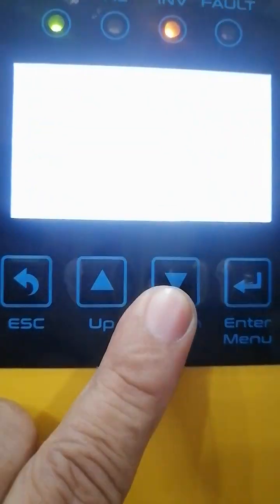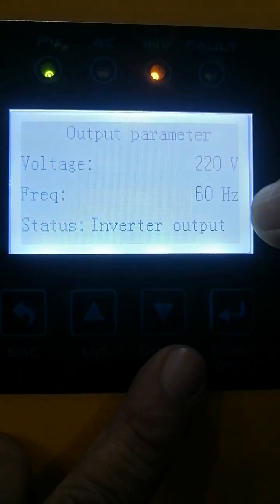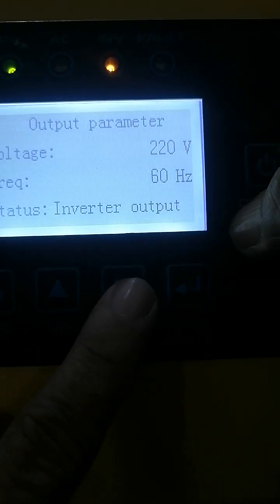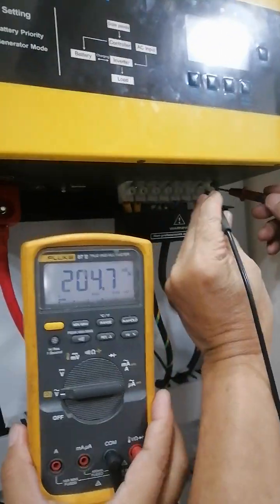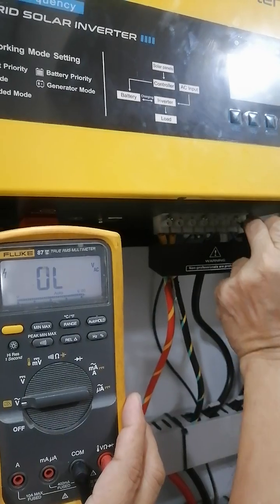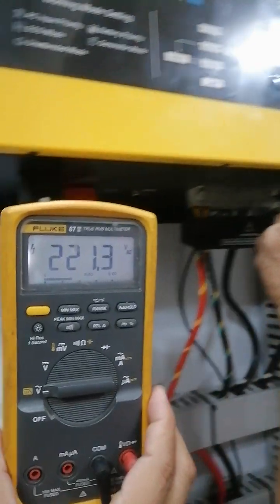Inverter output. Currently we have output from the inverter. Yes, there is.